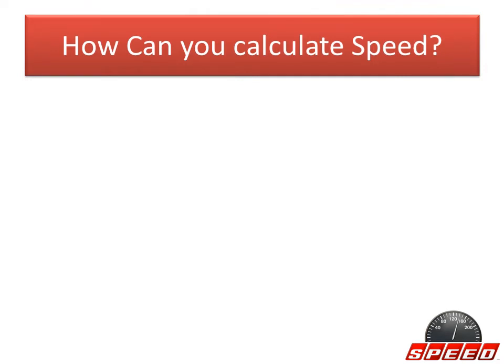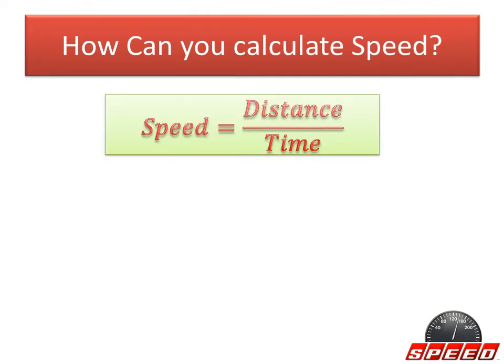How can you calculate speed? To calculate speed, you have to use the formula speed equals distance over time. As if I'm saying in this formula, speed is the distance covered in a given time. We represent it by symbols.